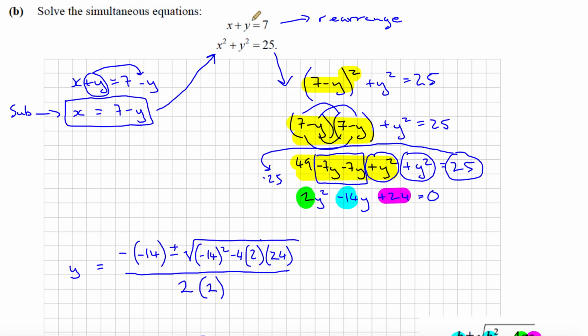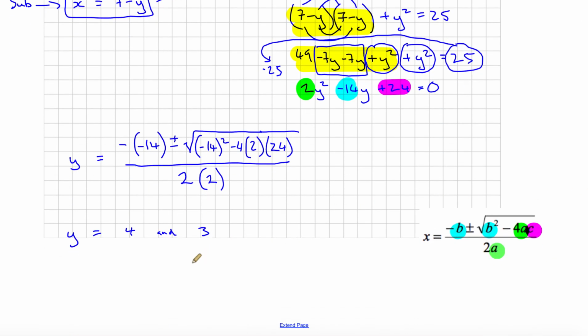I'm now going to substitute them in here to the first equation, x plus y equals 7, to find the x values. So x plus y is 7. If I sub in the y value of 4, I get x plus 4 is 7. That means that x is 3. And if I sub in to the same equation the 3 value this time, x plus 3 is 7, well, that means that x is 4.